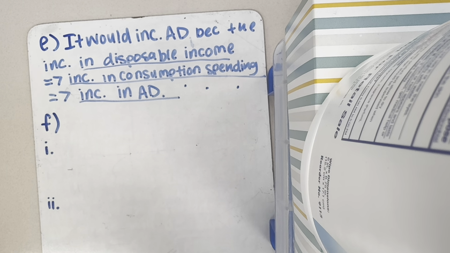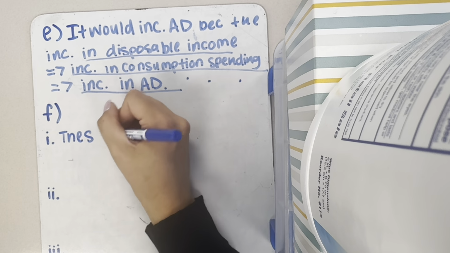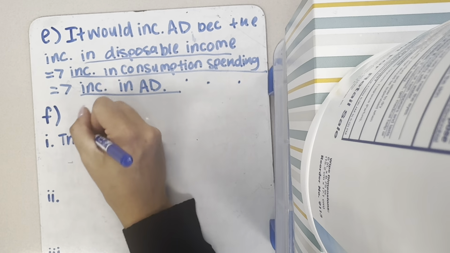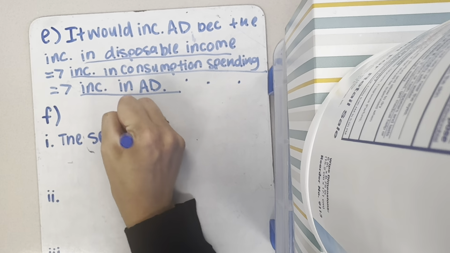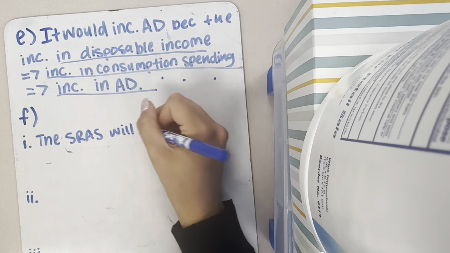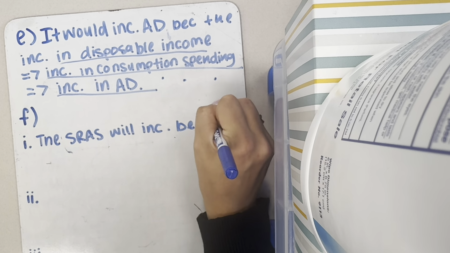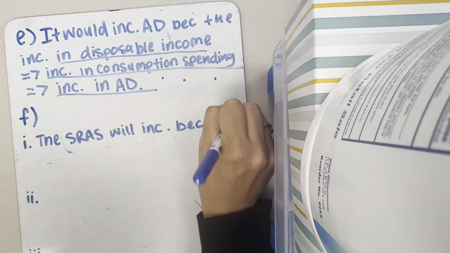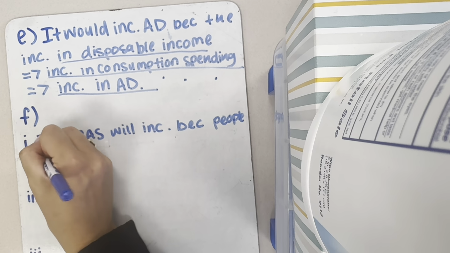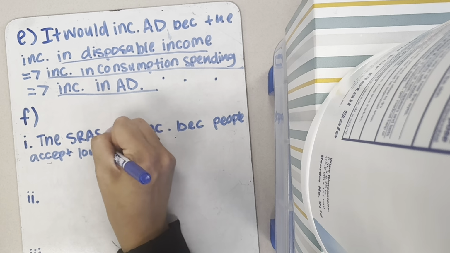So for part F, the short-run aggregate supply curve would increase because people accept lower wages because of the recession. This causes lower input costs and an increase in the short-run aggregate supply.